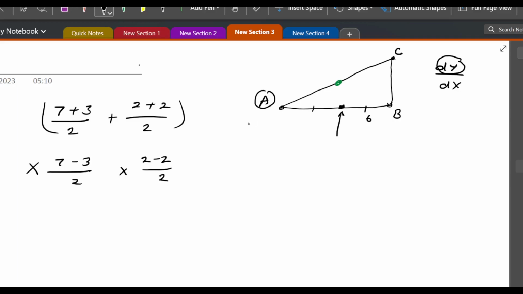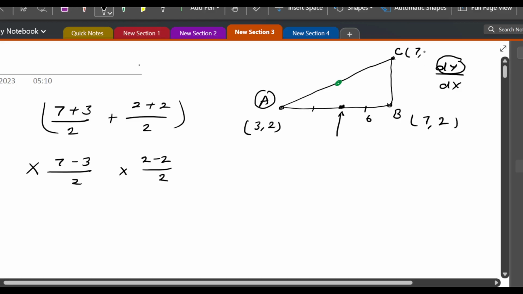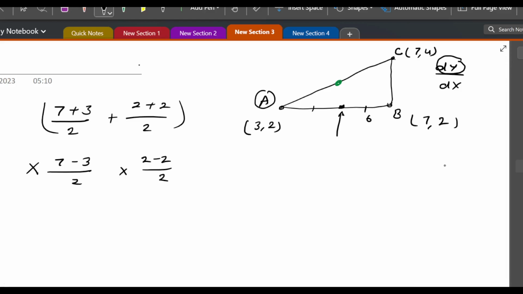Initially I took A as 3 comma 2, B as 7 comma 2, and C as 7 comma 4. Now tell me, what is the length of BC, the change in y? Is it 4 minus 2? And what is the difference in x? Is it 7 minus 3? From A to C, the difference in y coordinate is 4 minus 2, and the difference in x coordinate is 7 minus 3.